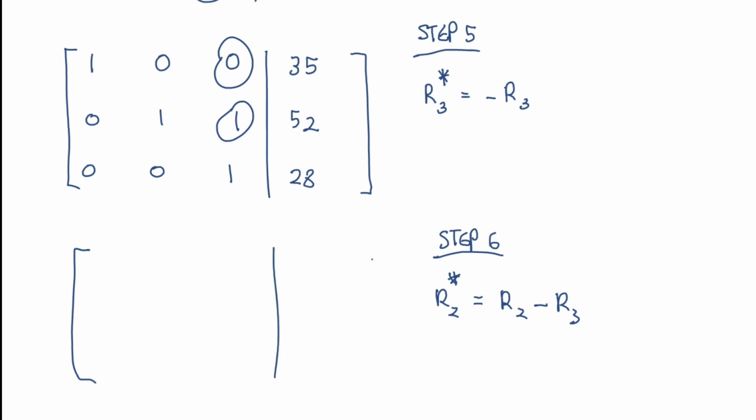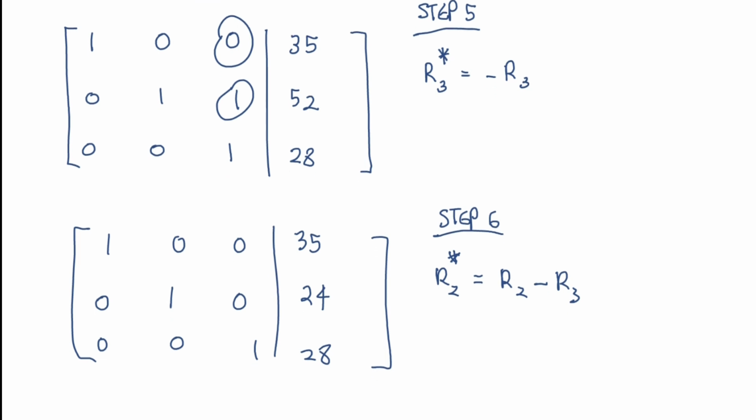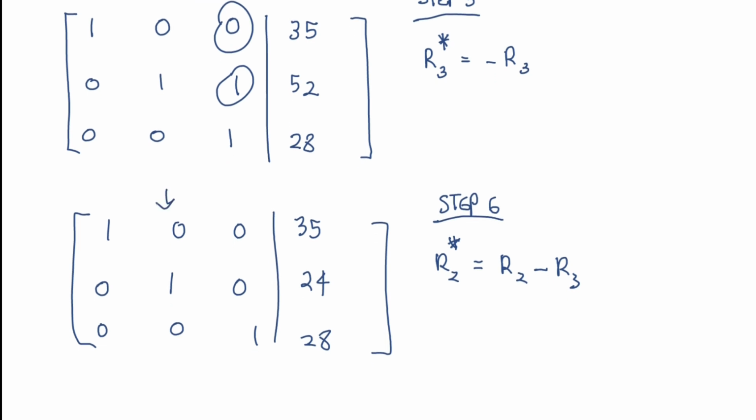So you will get 1, 0, 0, 35 and 0, 0, 1, 28. So it will be 0, 1, 0 and 24. Okay, then you have already obtained the identity matrix, and it is matrix X.